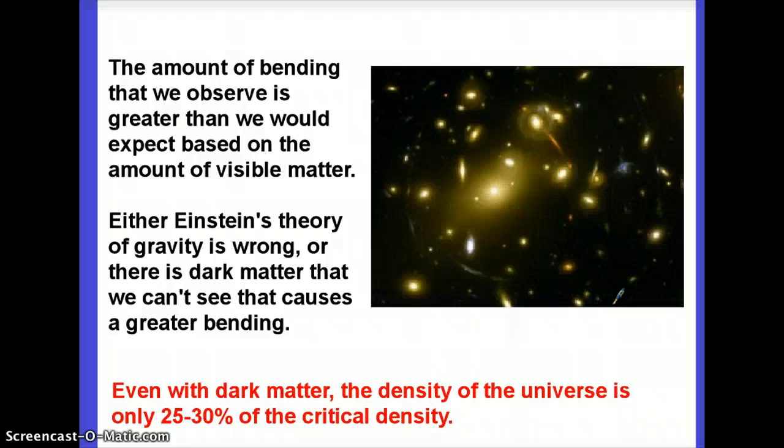Well, the alternative is to assume that there is a huge amount of matter there that we can't see, that we don't know what it is. That's very, very perplexing, and again, that's dark matter. There's other evidence as well that I don't have time to go into, but you can read about in your book.